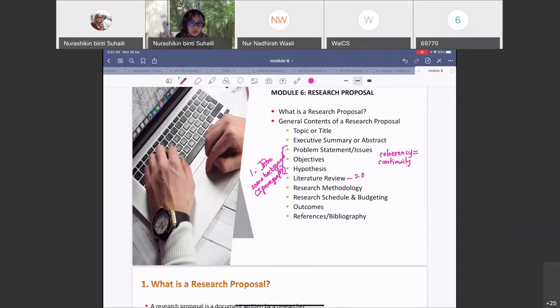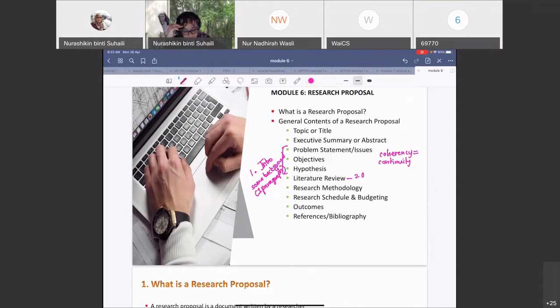Of course, you talk about the background, but in a very brief manner. You should explain more in the literature review, where you put all the comparison of the articles or matters that you have read.